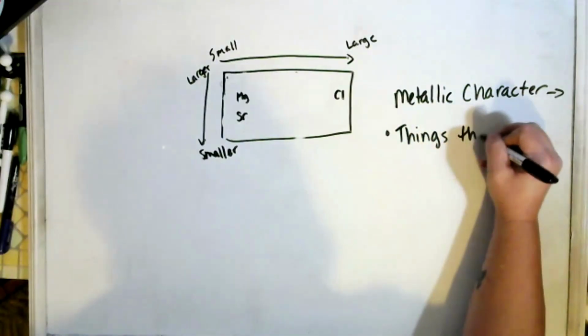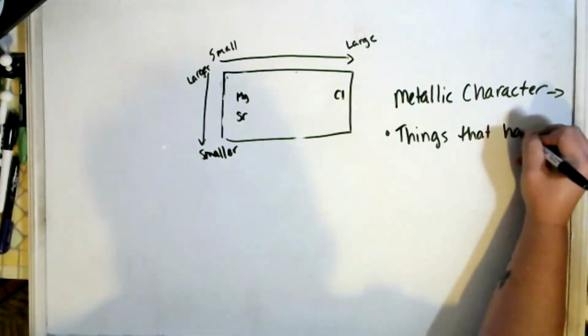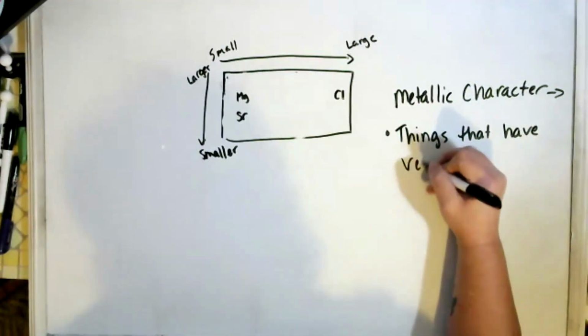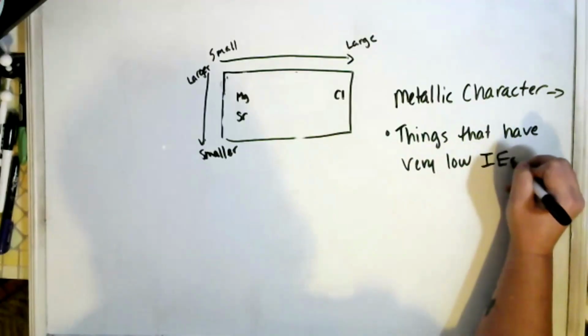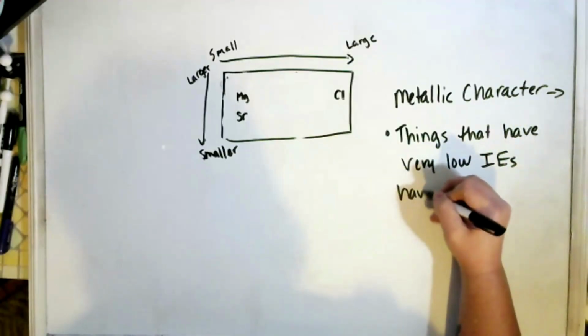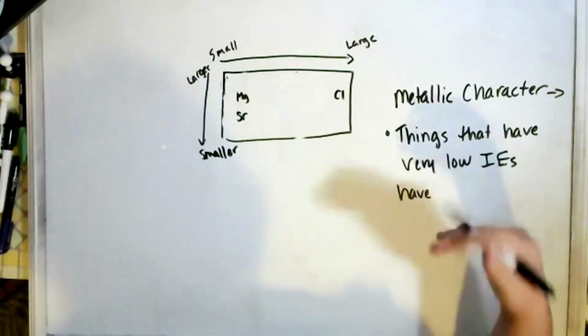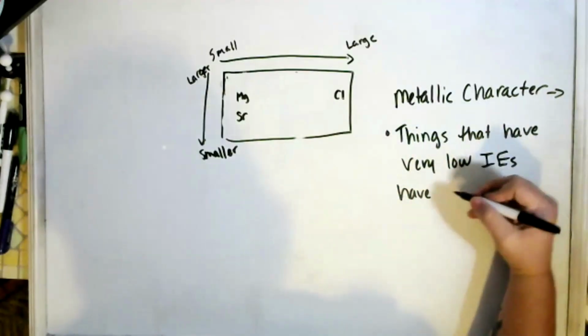Things that have very low ionization energies have very high metallic character.